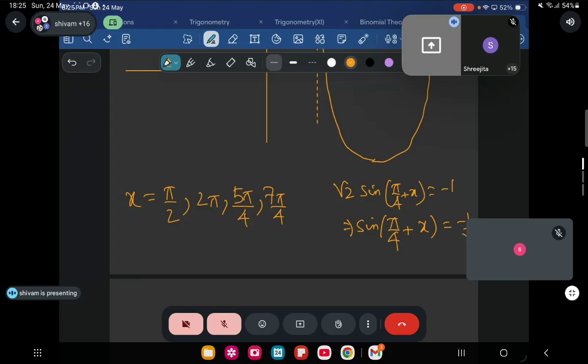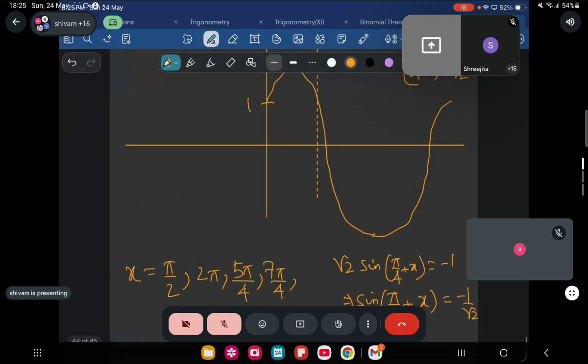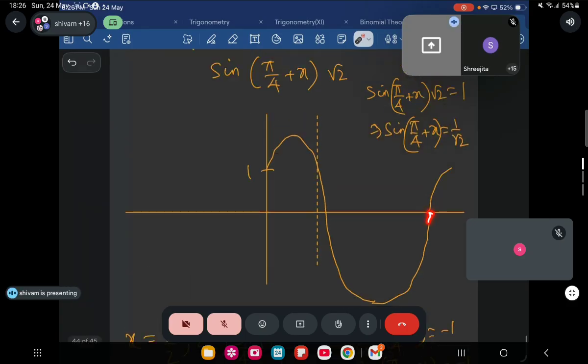Okay, and where will it break again? Tell me. Where will it break again? If I put x equal to 7 pi by 4, it will become sin 2 pi. It will become 0. Yes, it is coming back over here now, so it will come at 0.